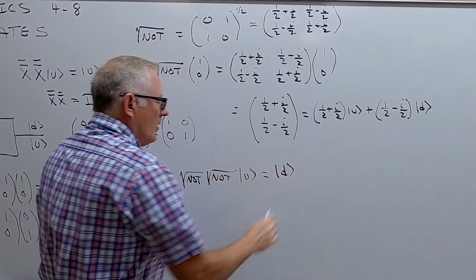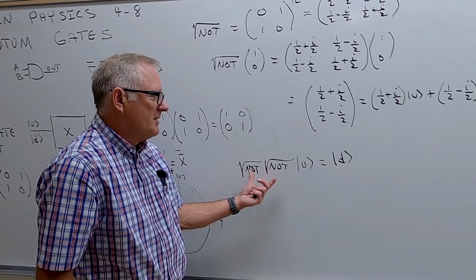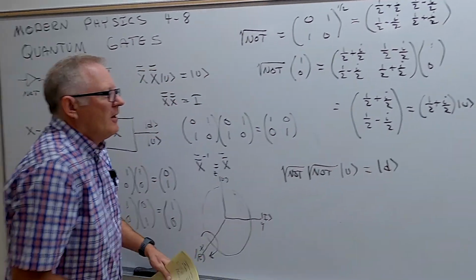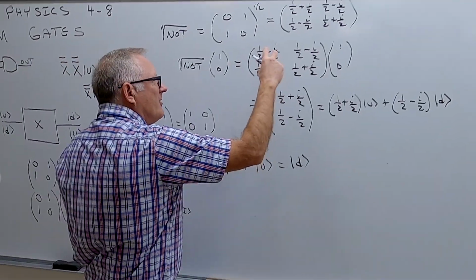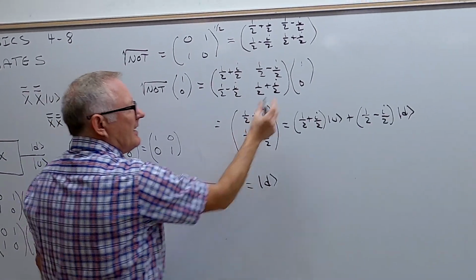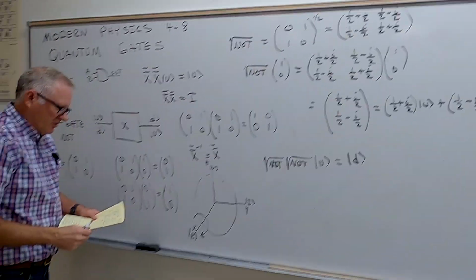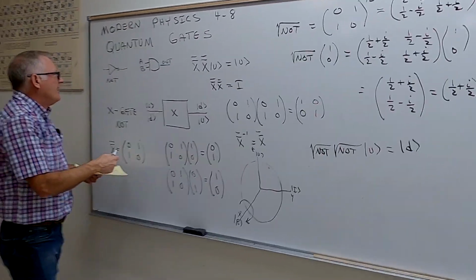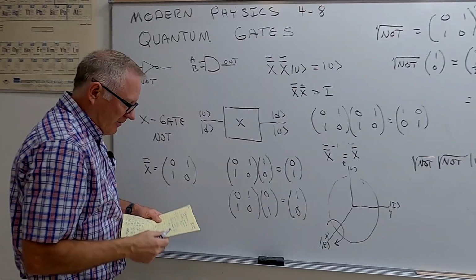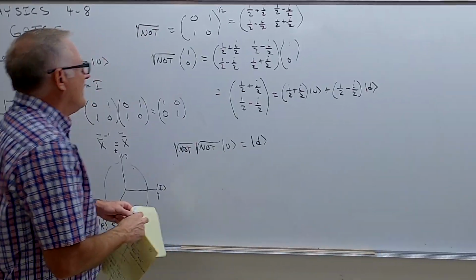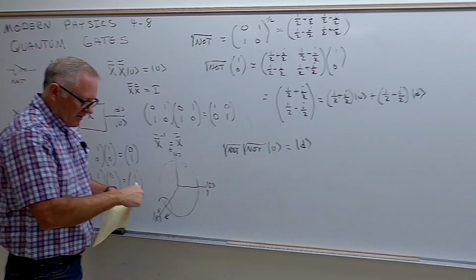Down. Why? Because the square of the square root of NOT is just a NOT gate, and NOT on up gives me a down. So it's kind of strange to have a square root of a NOT. There's nothing like that in classical mechanics. That's just a little sidebar.